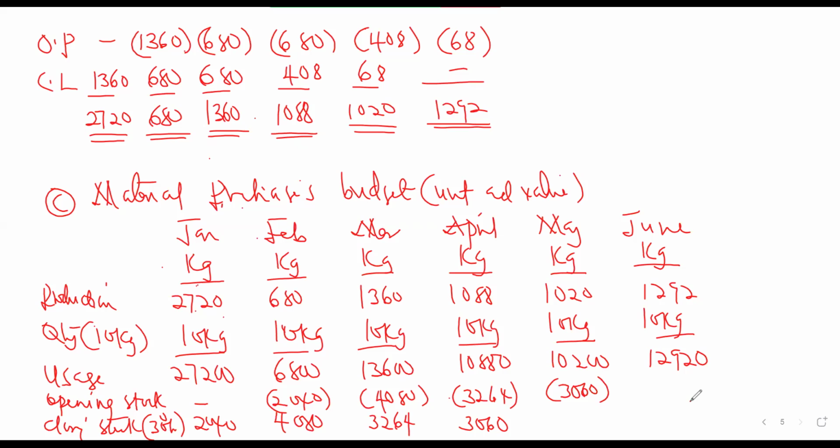What will be the closing stock for May? We have 3060 for April. I'm getting 3876. What will be the closing stock for June?